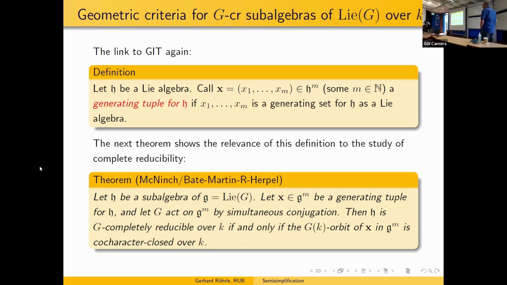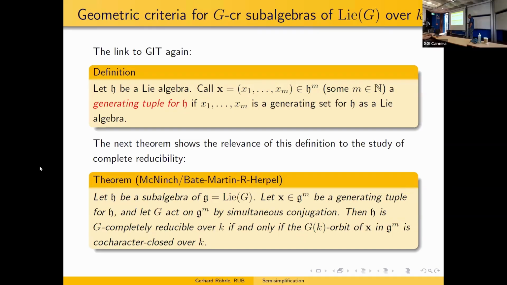Here's the connection again. This is the counterpart to the geometric characterization of G complete reducibility over K. For a Lie subalgebra, so I have a subalgebra of the Lie algebra of this reductive group, I take a generating tuple for this subalgebra. I let G act on G to the M by simultaneous conjugation.